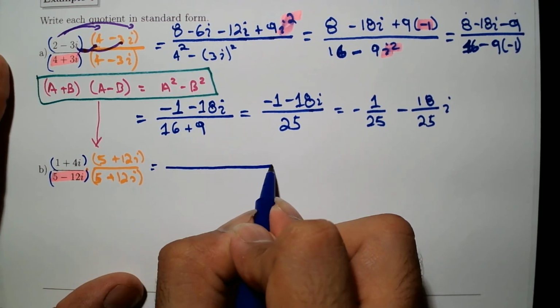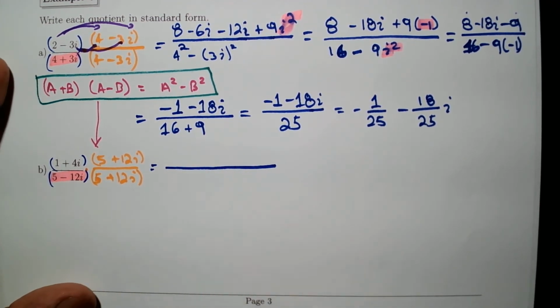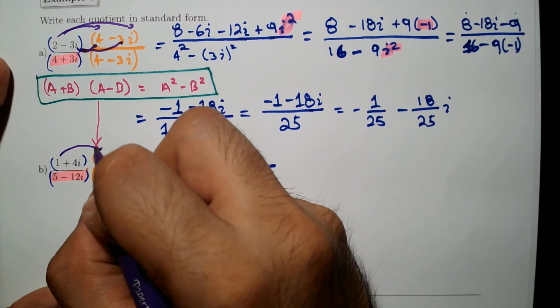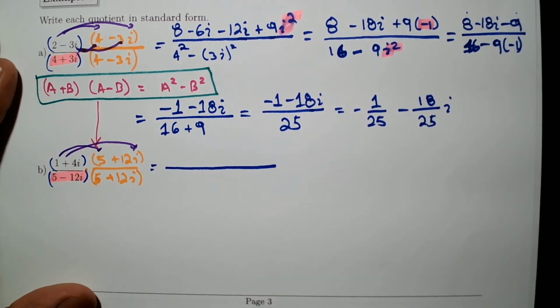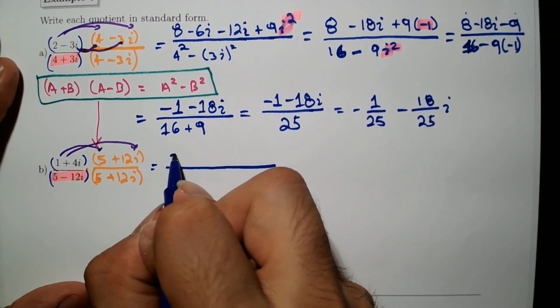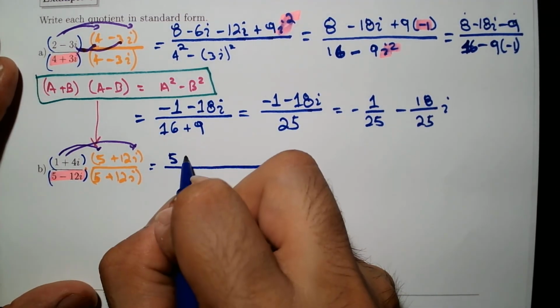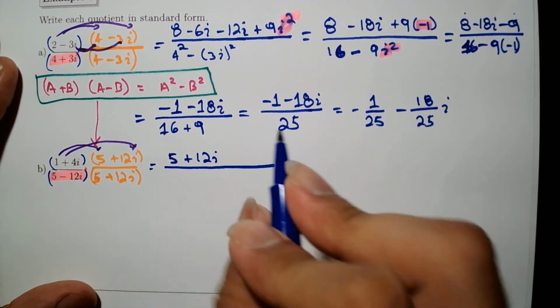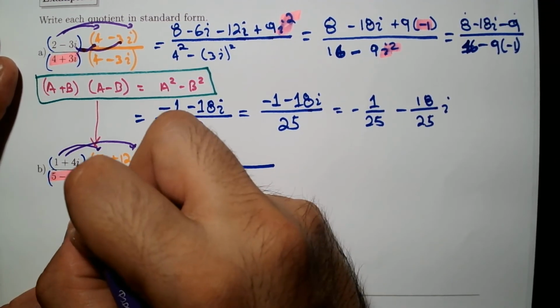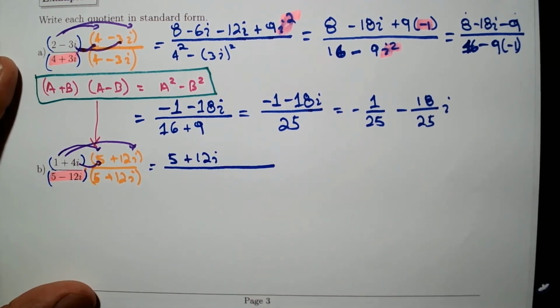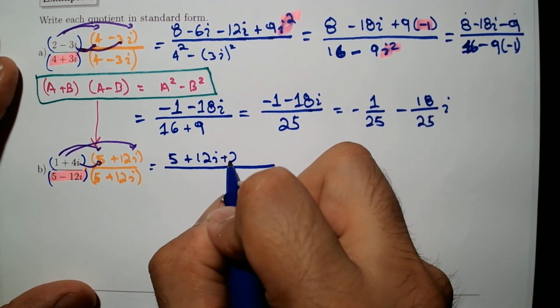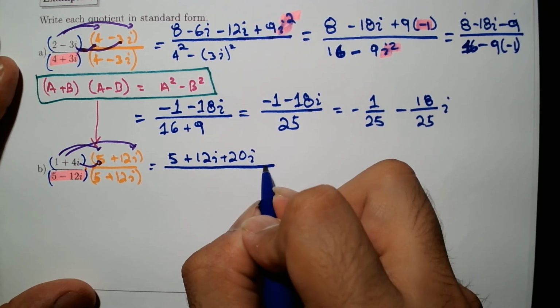First of all, I'm going to do the numerator first. I'm going to FOIL: 1 times 5, 1 times 12i. So 1 times 5 is 5. 1 times 12i is 12i. On the other hand, 4i times 5, that's 20i.